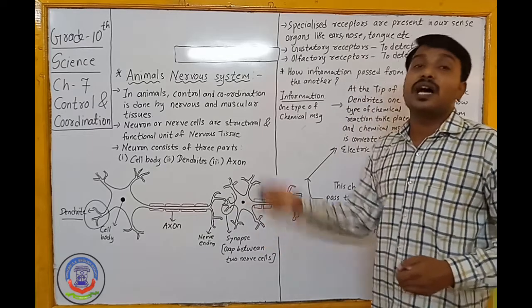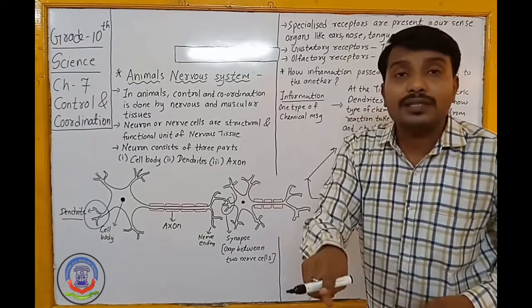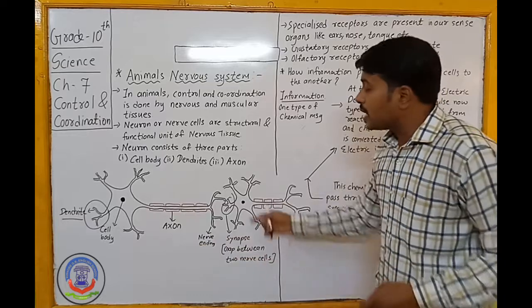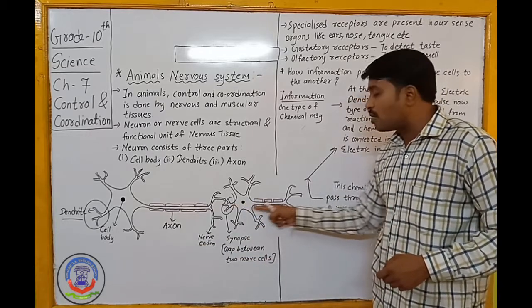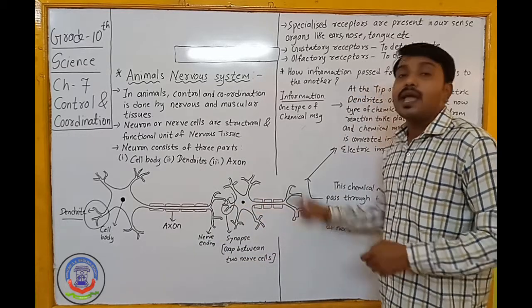Now these dendrites again convert that chemical message into an electric impulse. Now this electric impulse travels to the cell body, to the axon, axon to ending and so on.